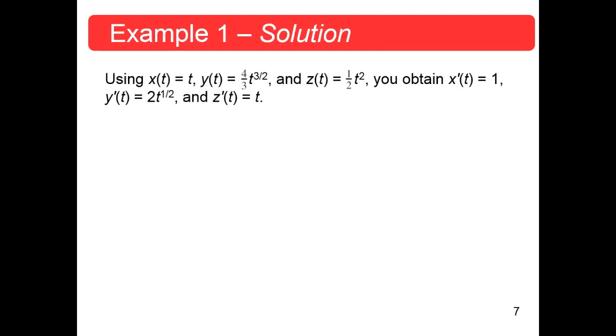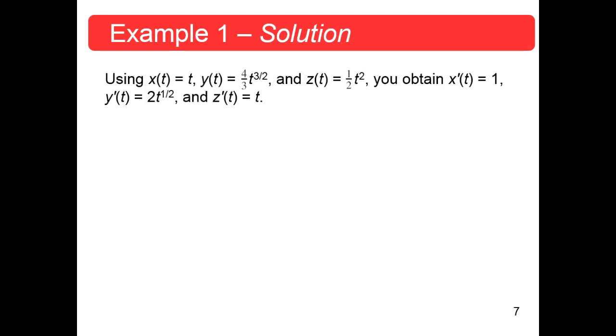Okay? Now, I see no reason to have changed all this, but they did. Their problem was an R vector, which was ti plus 4/3 t to the 3 halves j plus 1/2 t squared k, and then they changed it to x, y, and z, which is perfectly fine, and then take the derivative of that, which you could have done at the original function, just like they had it, which is what I did.